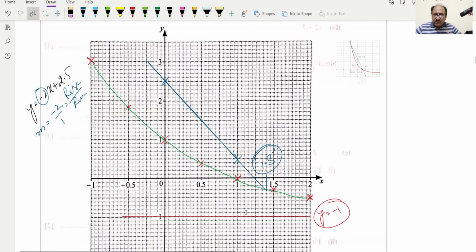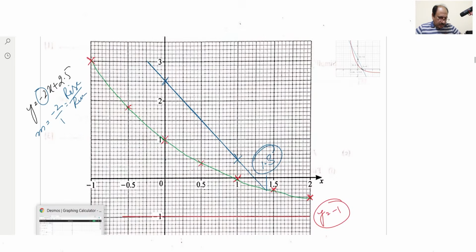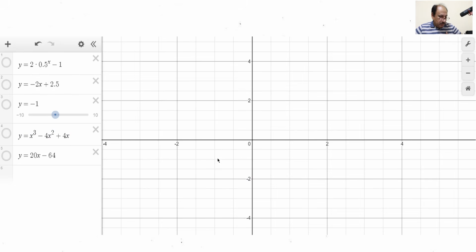This software option will not be available to you in the exam, but at home you can practice this, and you can be sure that whatever question you have done is correct, because most of the marking schemes are not providing the graph answers properly, so you can double check your graphs, and this will be nice practice for you.